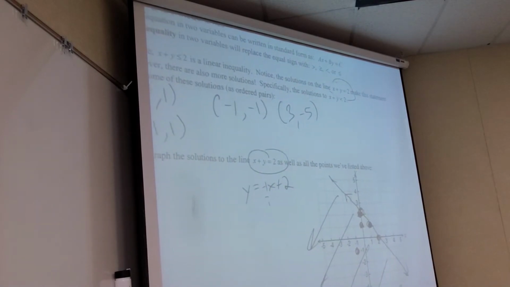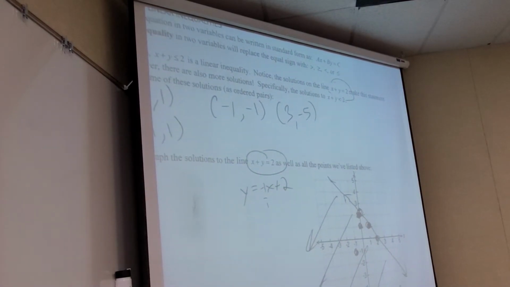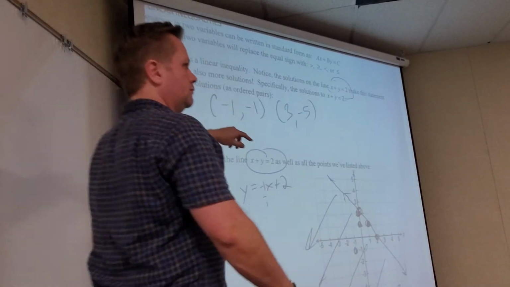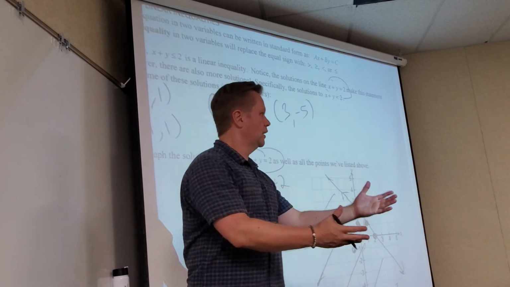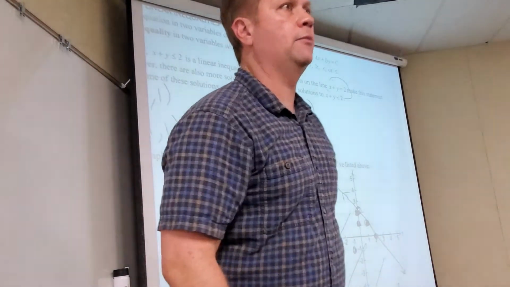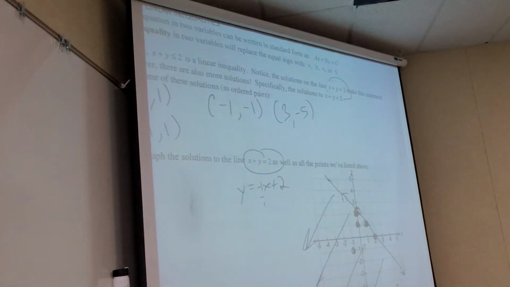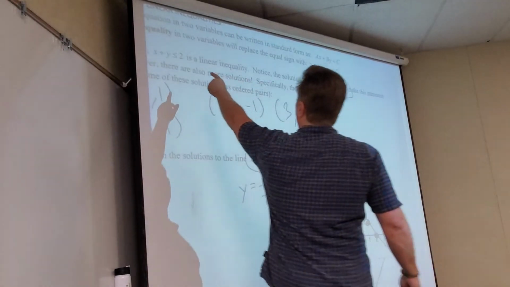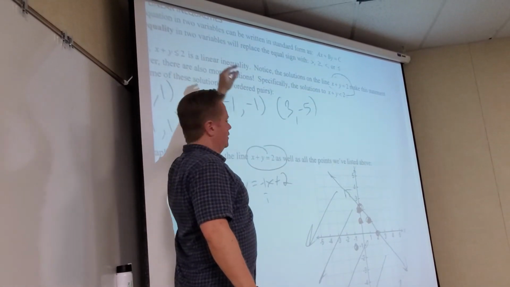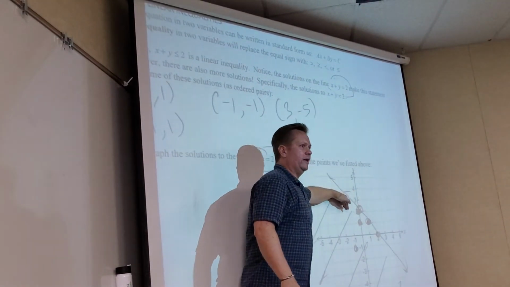So this gets a little bit freaky. How many answers are there to x plus y equals 2? How many answers are there? Infinite number, which is why we graph it to answer that question. So as we try to list the answers, we are never going to be done. But I want you to realize, the minute I put an inequality on that, there's an even bigger infinity of infinite answers.